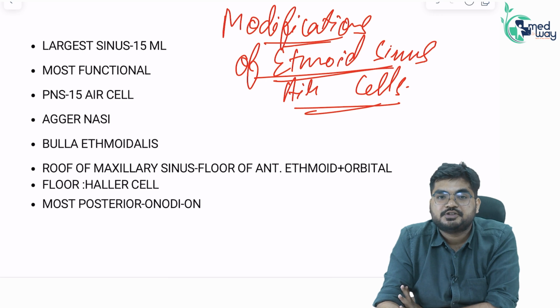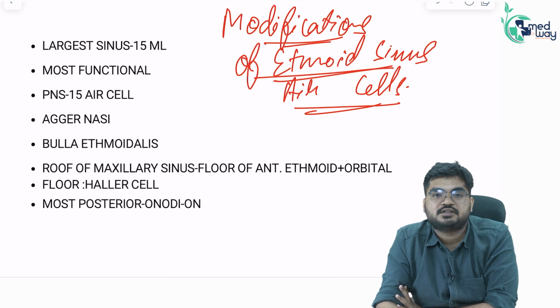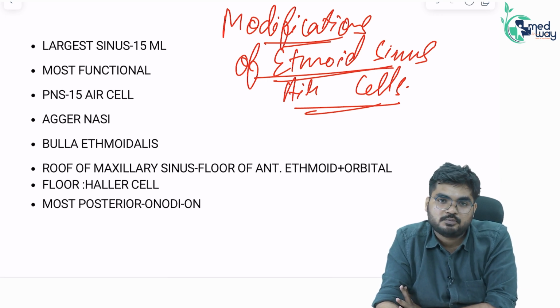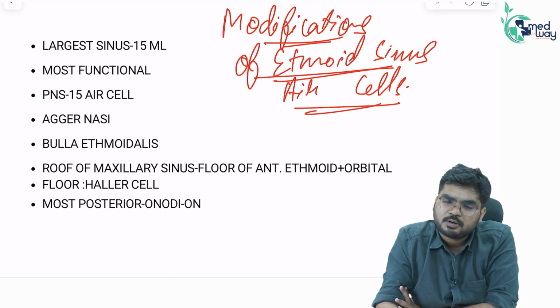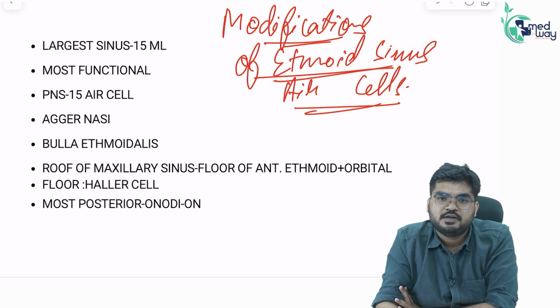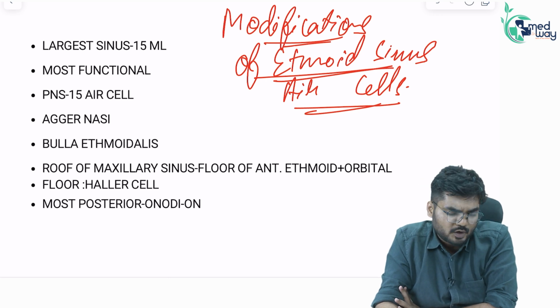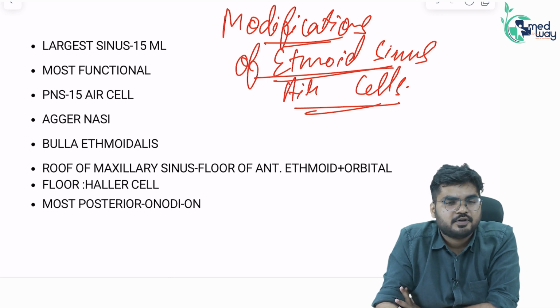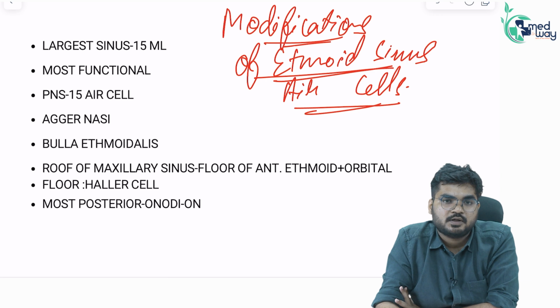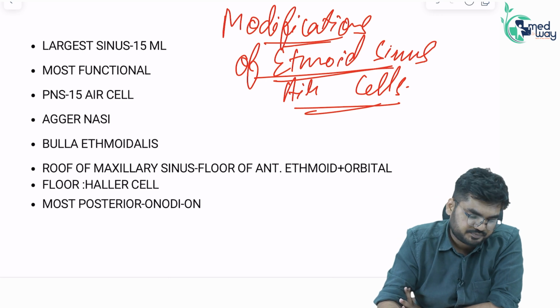What are the modifications of ethmoid sinus air cells? Sir, if I talk about the modifications of ethmoid sinus air cells, what are these? Can you explain? Yes, sir. There are a number of modifications of ethmoid sinus air cells that you have to remember. It is very commonly asked. I'll tell you the methodology or mnemonic also, how you can remember it.